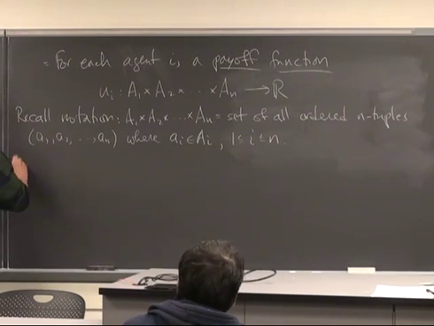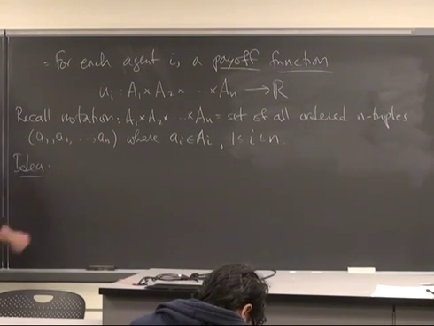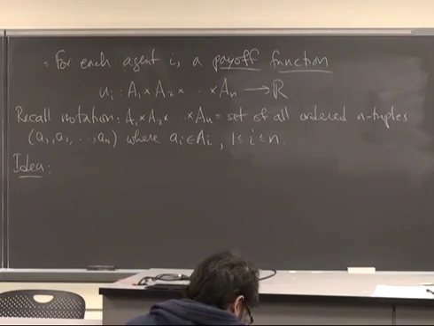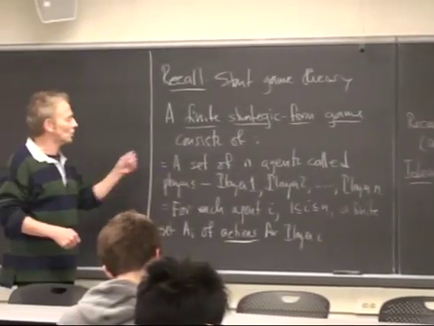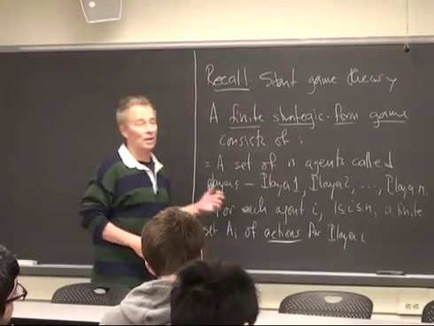And what is the idea here when it comes time to play the game? Every player, and this is going to happen all at once, and we'll get more into the details of that a little later on, will take an action from his or her action space.